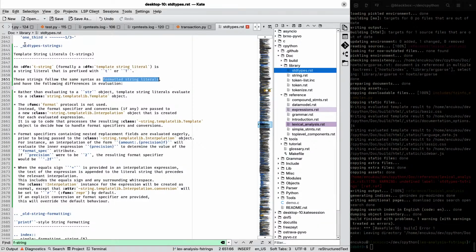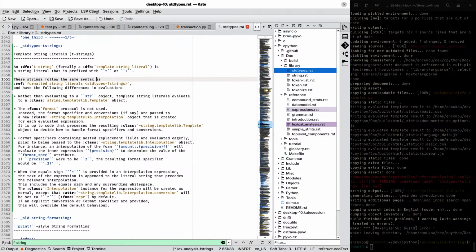This should link to here. How was this worded before?